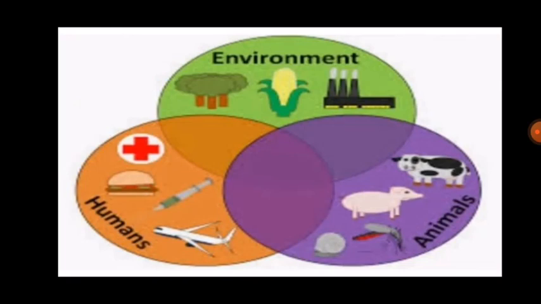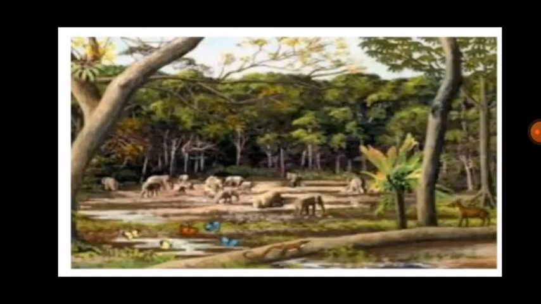Humans and all other animals are dependent on their environment and nature for satisfying their needs. However, other animals do not cause any significant change in their surroundings.